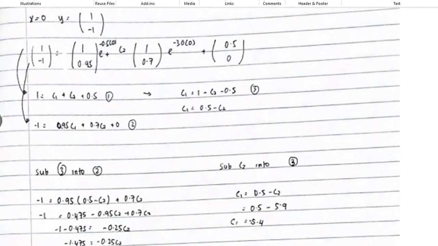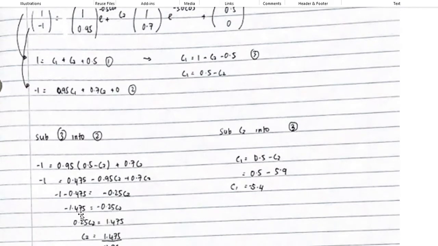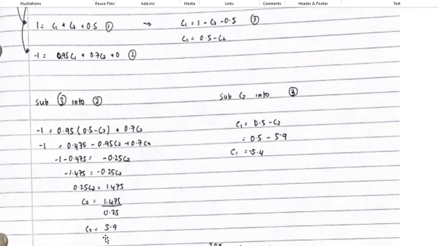After that, to find the value of C2, we sub the value from 3, which is C1, that we already know, into 2. So we sub back the value 0.5 for C1, C1 equals 0.5 negative C2, and then we simplify.